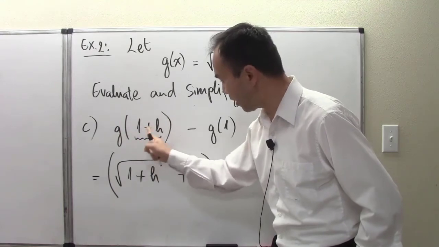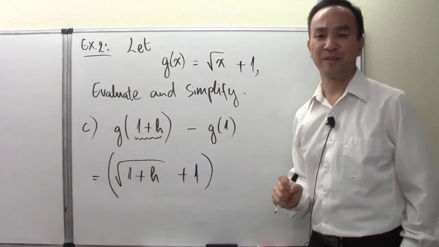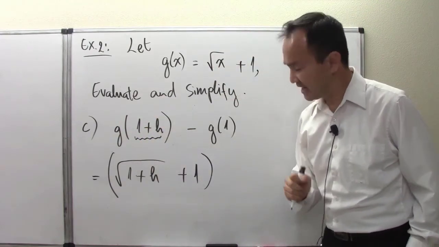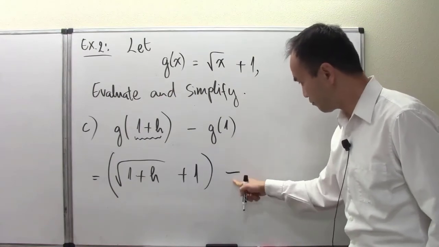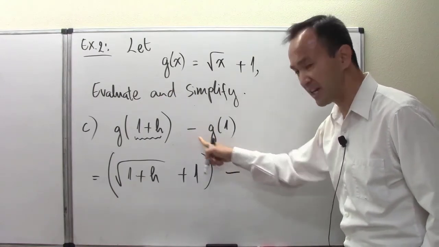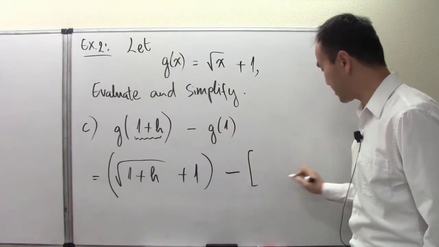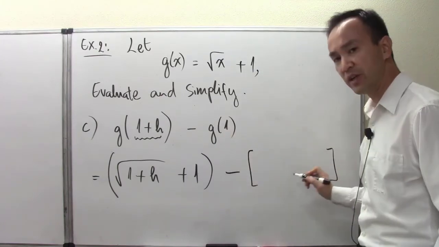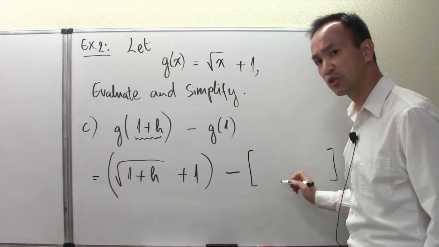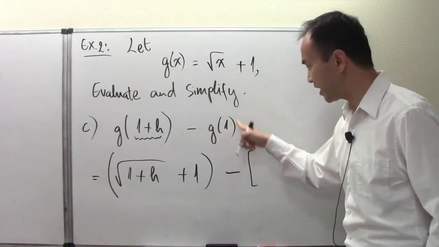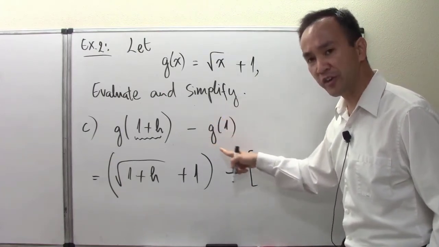So g of 1 plus h is one term. And then I'm going to subtract, because the expression indicates so. And then g of 1. I'm going to produce another pair of brackets right here to indicate that another group comes. This group is simply the evaluation for g of 1.